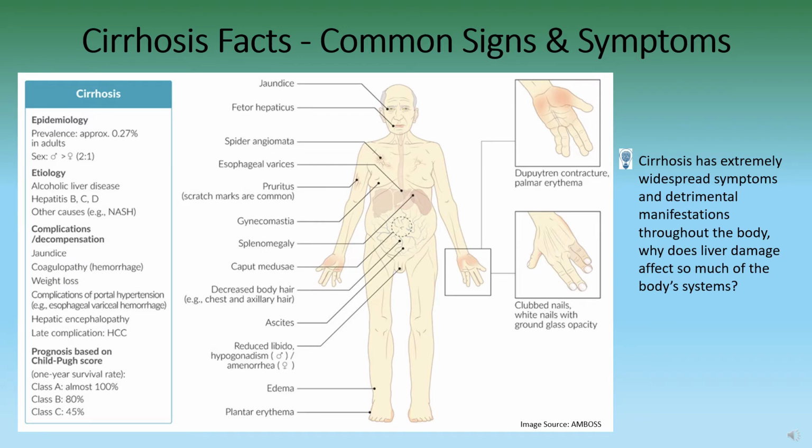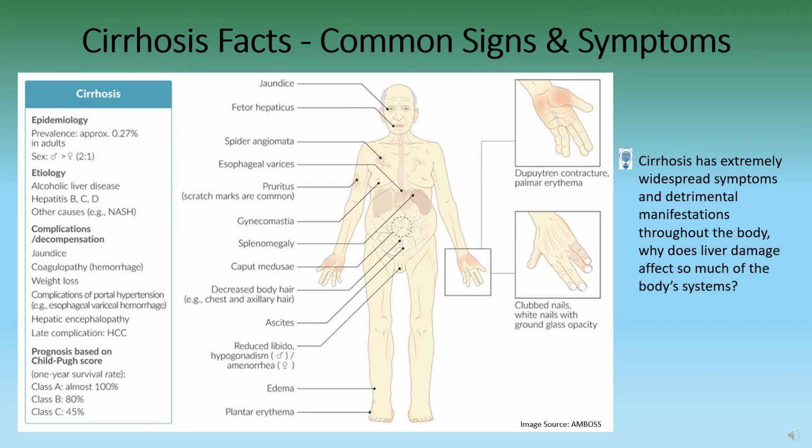So, why does cirrhosis have so many symptoms and manifestations throughout the body when the liver is damaged? How does the liver affect so many processes? Well, the answer is the liver is an extremely important organ and is critical to survival. It serves many roles in energy metabolism, synthesis of important compounds like glucose, ketones, and bile acid.